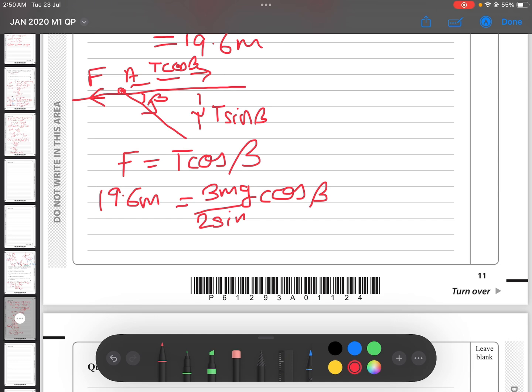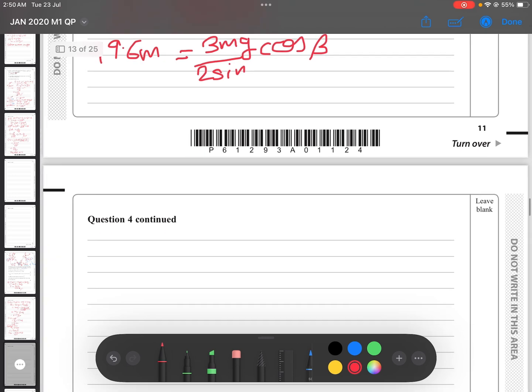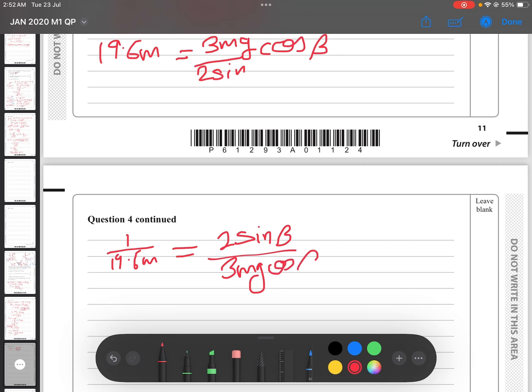So if we take the reciprocal, we can get sin by cos, but always remember you have to take the reciprocal on both sides of the equation. So 1 over 19.6 m is equal to 2 sin beta over 3 mg cos beta.